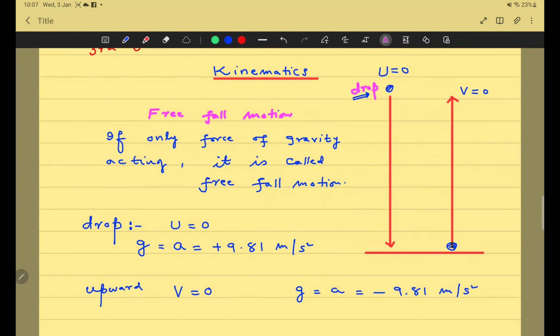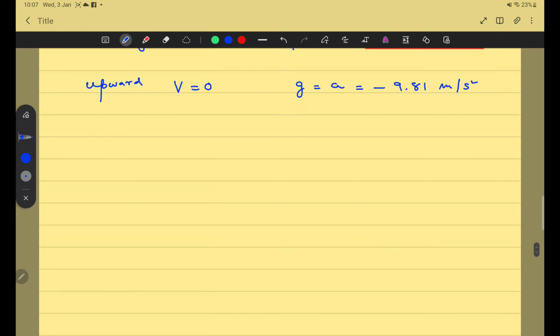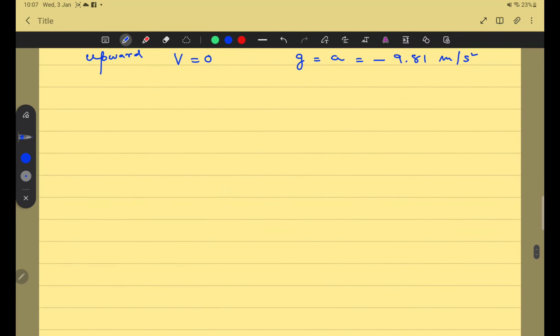If an object is dropped, then initial velocity is considered zero and g is plus 9.8. And if an object is thrown vertically upward, then final velocity is zero and acceleration is considered minus 9.8 meter per second square. We will use the same equations of motion.